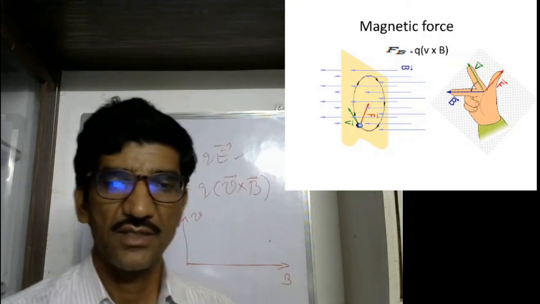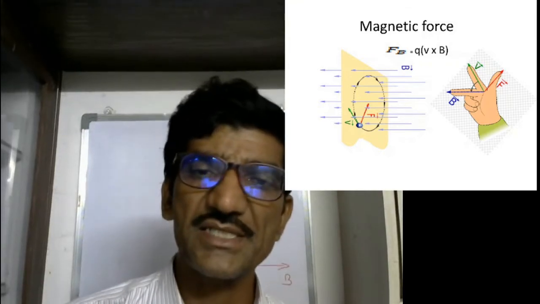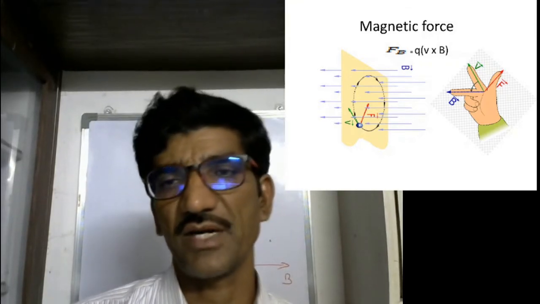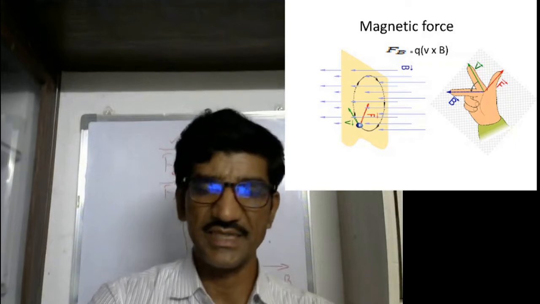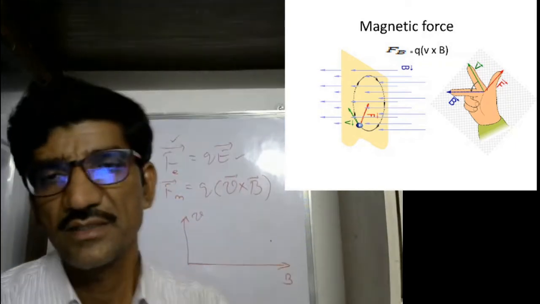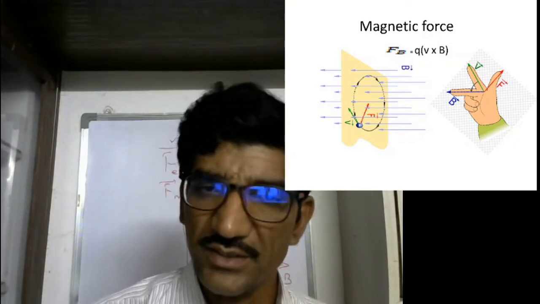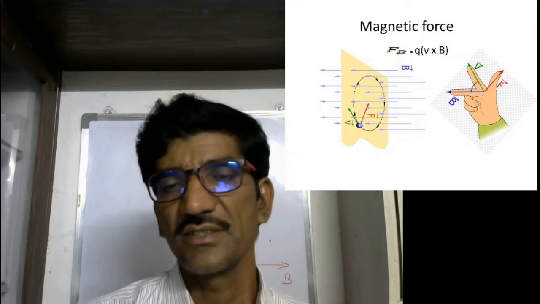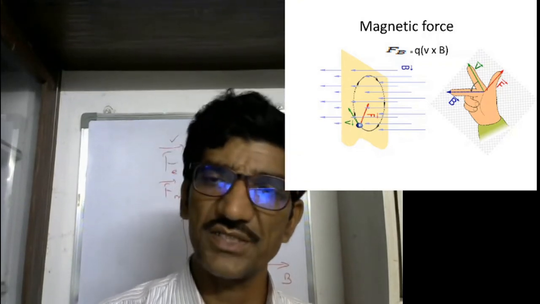That is what we have to note. That applies for every cross product, not only the cross product of V and B. You may find the direction of magnetic force in this manner also.